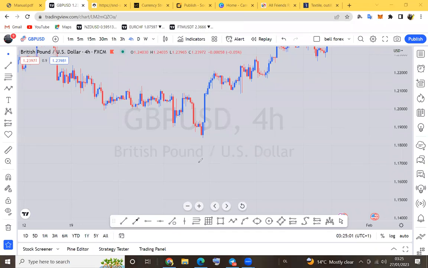Now, when I'm drawing a market structure, irrespective of the time frame, I don't care about the time frame. The simple truth is that if it's an uptrend, I'm going to have periods of what? Higher heights, higher lows, higher heights, higher lows.